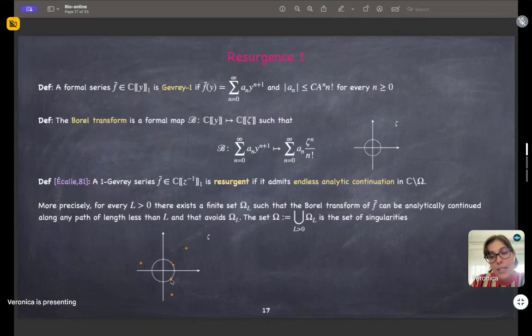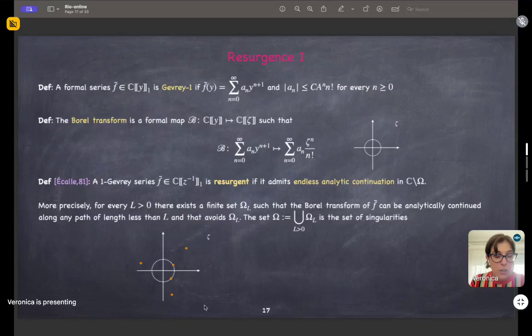And now you want to understand if it's endlessly analytically continuable, meaning you want to do the analytic continuation and see if you can escape through the radius of convergence. The series will be resurgent if in fact you can go beyond the radius of convergence. And moving in the complex plane, you might see new singularities appearing elsewhere. The full set of singularities is just a set of points that you have to avoid.